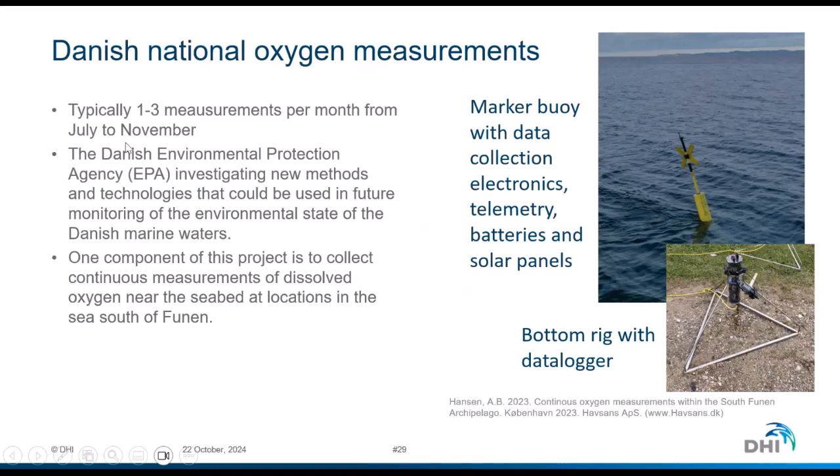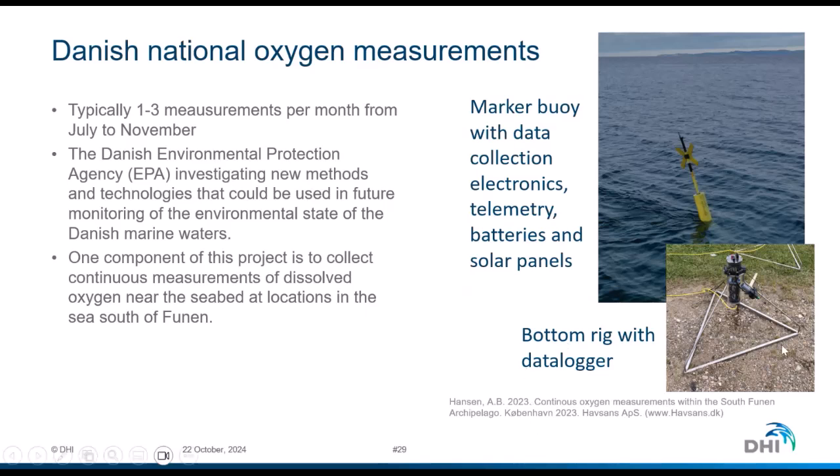The measurements typically start in July and last until November. Sometimes oxygen depletion is already there when the measurements start, so they would like to know when the oxygen depletion actually starts. And one way to improve the knowledge is to employ buoys that can continuously measure the oxygen at the bottom.